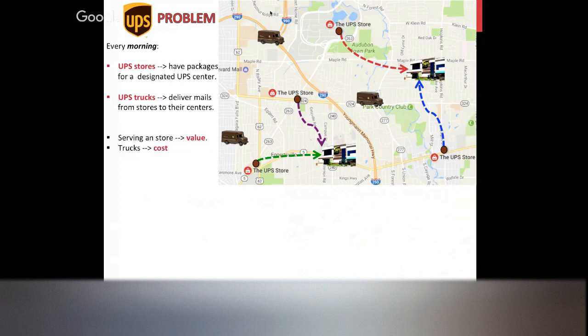Serving a store has some value for UPS and has some cost for UPS due to the cost of the truck going from one location to another, maybe the salary of the truck driver or the fuel consumption, etc. Now the goal of UPS as a company is to maximize the total benefit, which in this case, let's say is the total value minus the total cost of UPS. Okay, so this is a non-strategic problem.